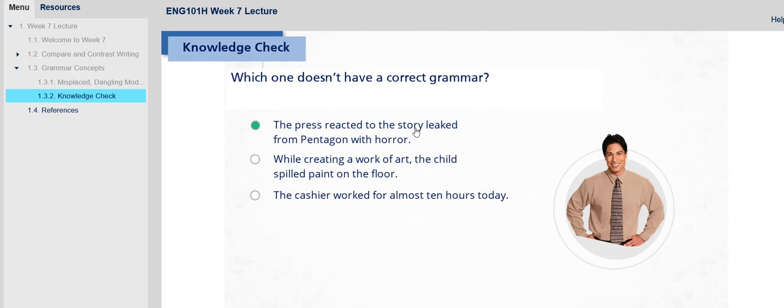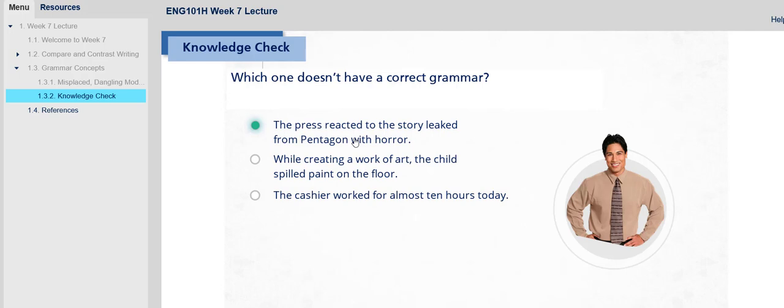Let's go to this one. "The press reacted to the story leaked from the Pentagon with horror." The Pentagon is a building in Washington, D.C. So can the building Pentagon suddenly have a face that looks in horror at something? Suddenly the building is going to grow eyes and a nose and a mouth? I don't think so. So is this a dangling modifier or a misplaced modifier?